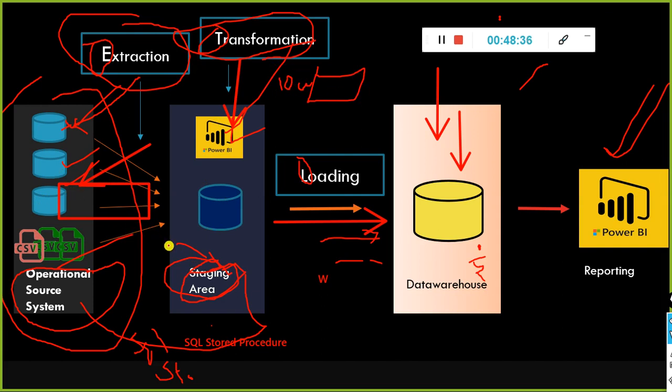Extraction is a separate script, a separate program, and then data transformation is a separate program. So this one will run after this. After the successful loading of the data from your source system to the staging area, another job will get kick-started automatically.